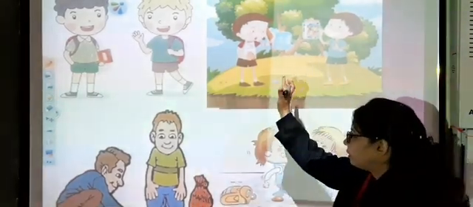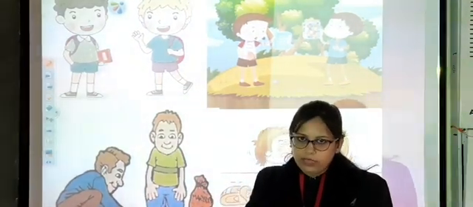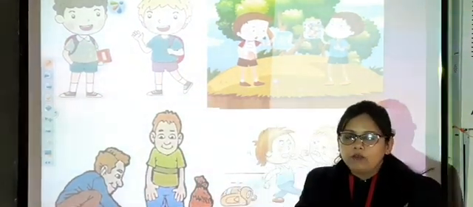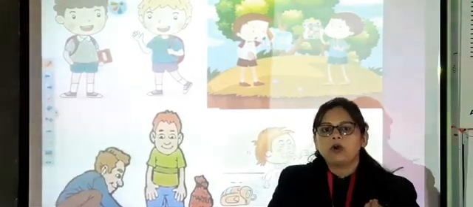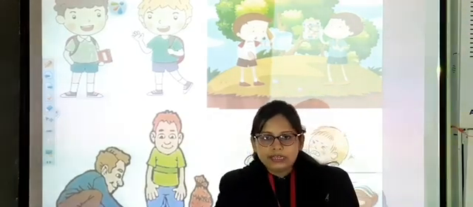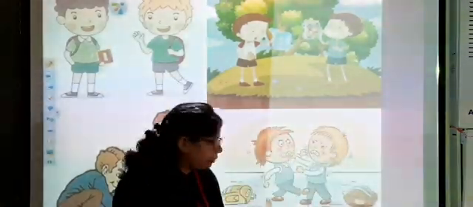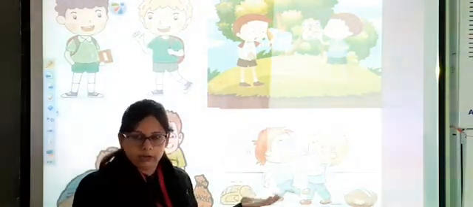When they played, they used to exchange marbles among themselves. But sometimes Rohan got more marbles and sometimes Sohan got more marbles. This led to quarrels between the two friends. They started fighting every day. So this was a big problem for them.